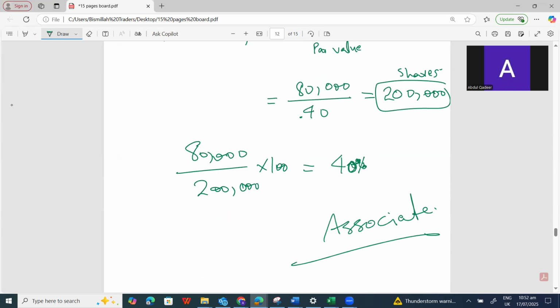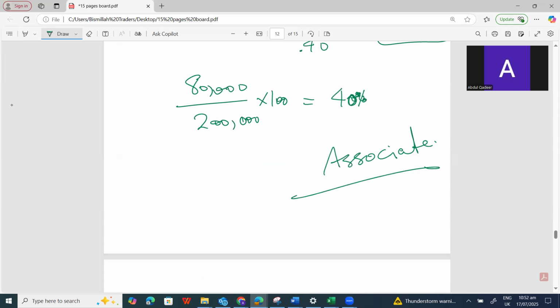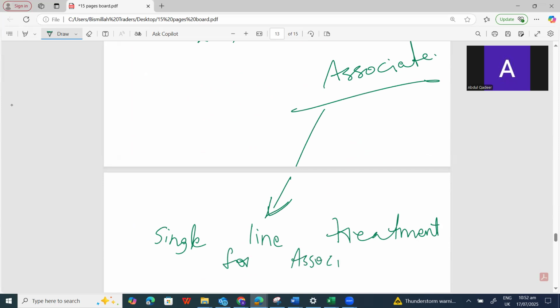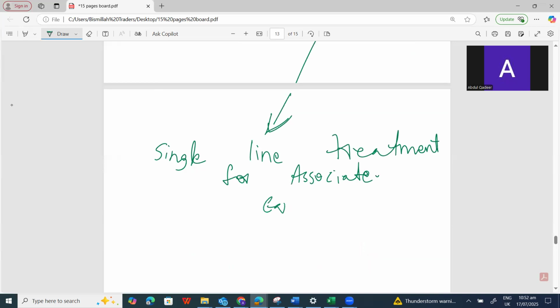So for an associate, in consolidation we use single line treatment, which is known as equity accounting.